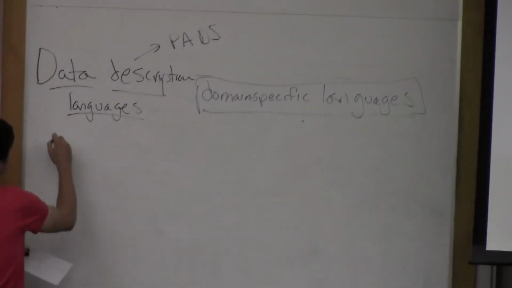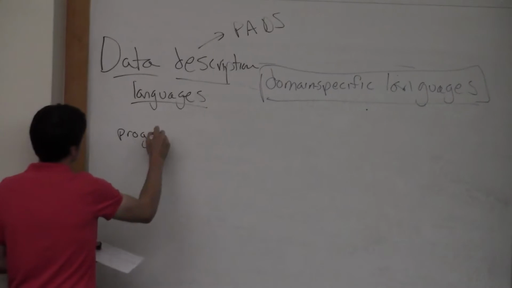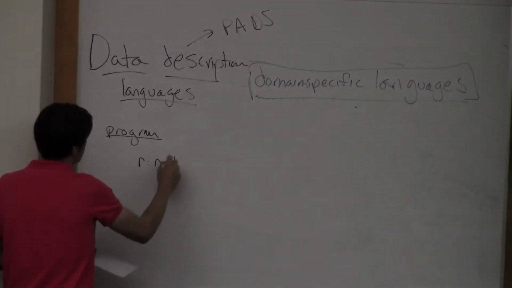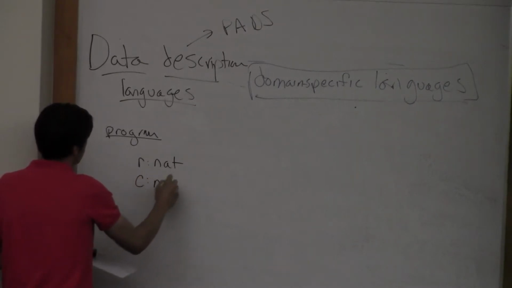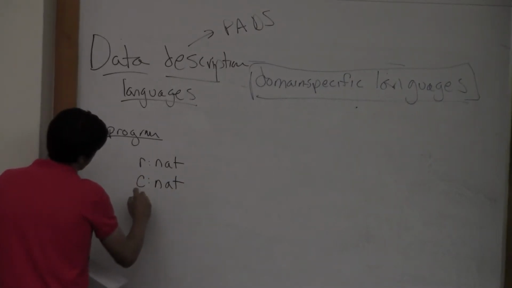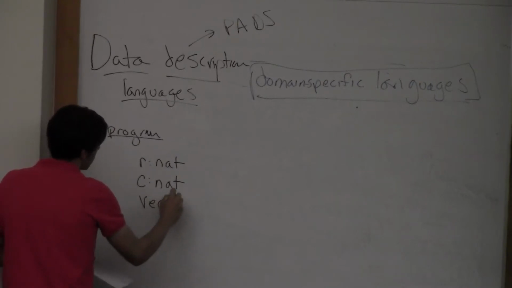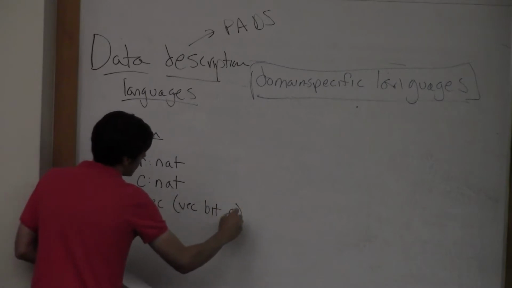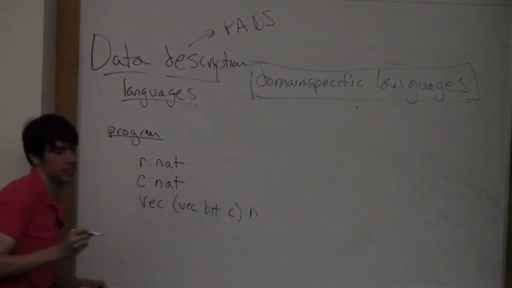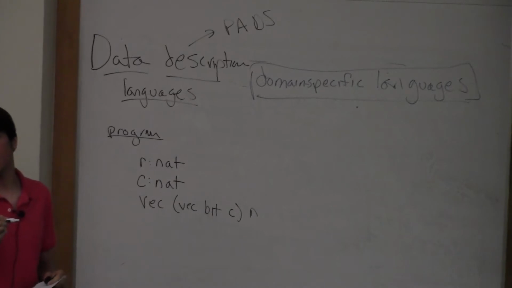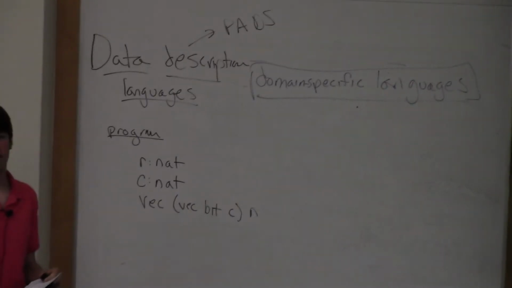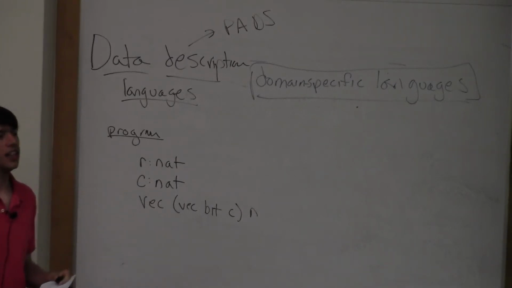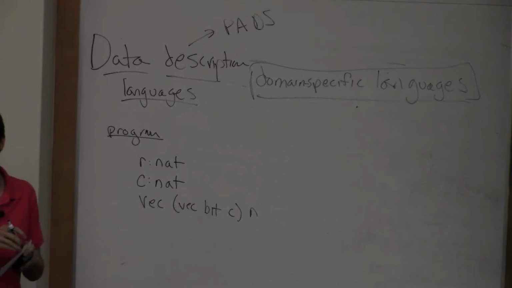So for example, you might have a program that says R is a natural number, C is a natural number, and then you have a vector of vectors of bits of length C of length R. Okay? So this program is describing a file format where you have two header fields that give you the number of rows and number of columns, and then you have a vector of bits of that length.